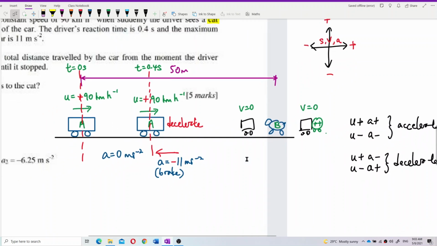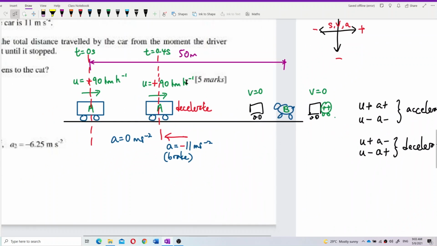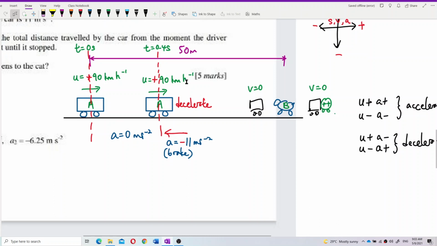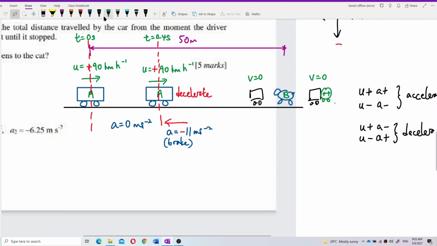To know that, we need to find the displacement. So let's talk about the displacement. We have two sections to find. We need to know where it stops relative to the cat. Is it in front of it? Maybe we assume in front. We always think positive.